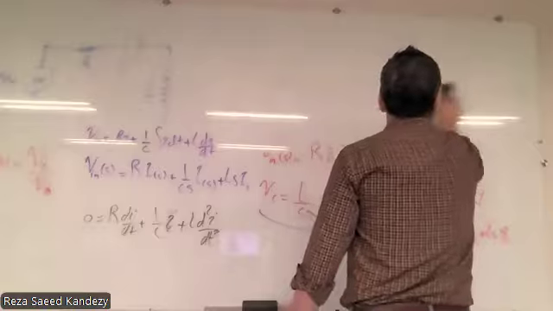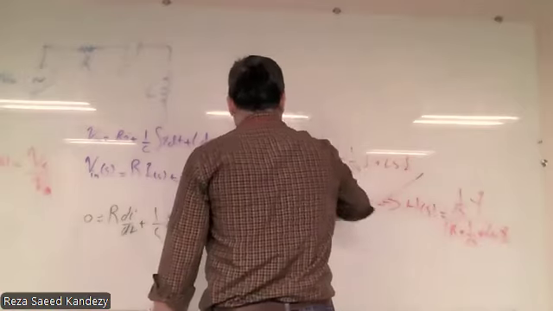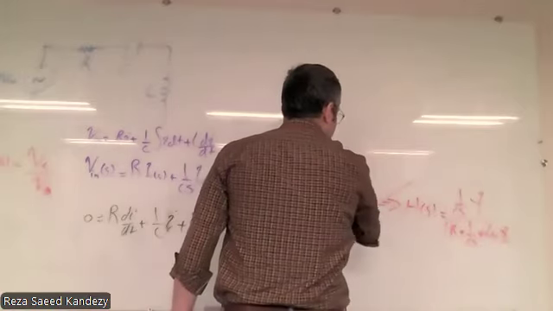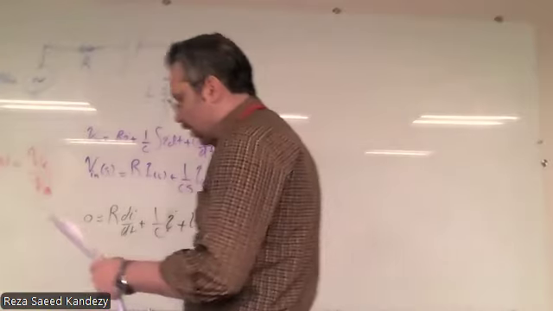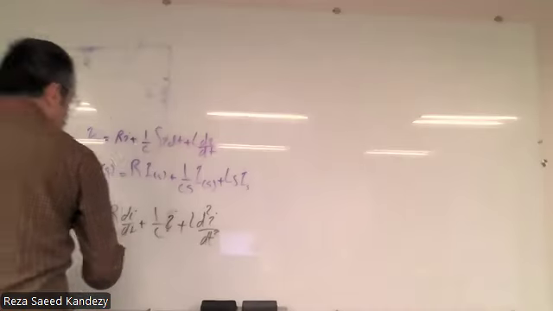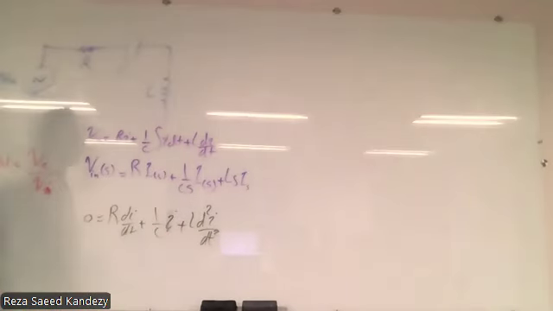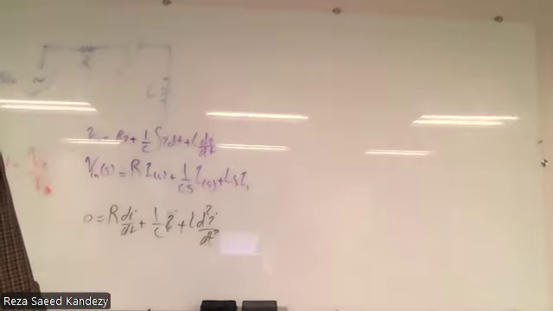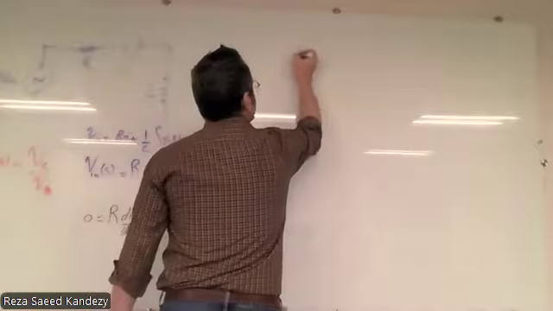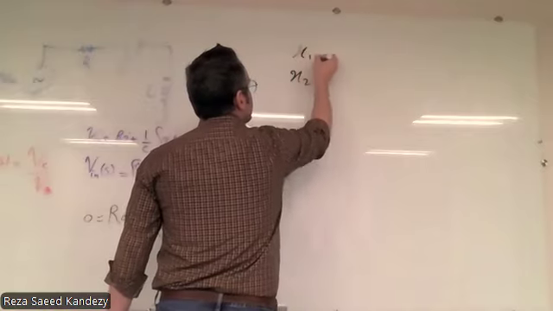Now we have a second order differential that we don't normally like, so we wanted to use the state space model. And we know if we have a second order differential, that means if we want to do the state space model, we need two state values. Are we good? So we are going to have x1 and x2.